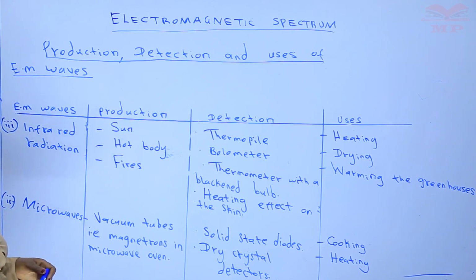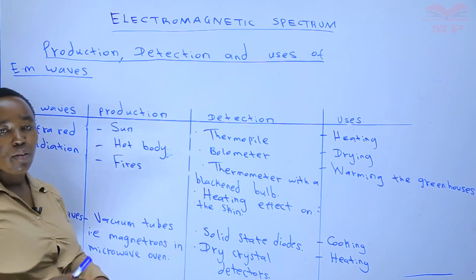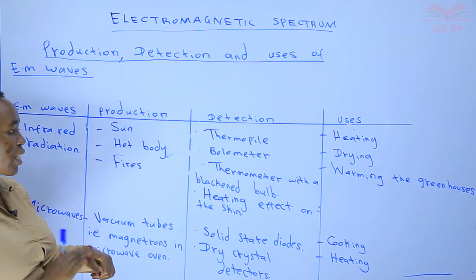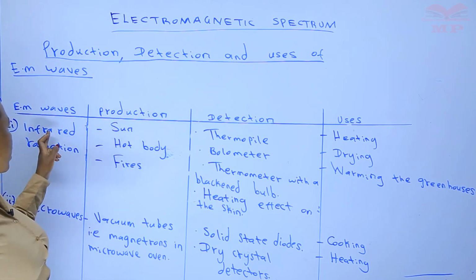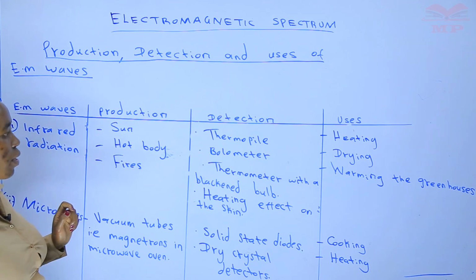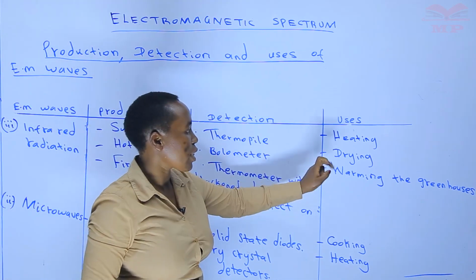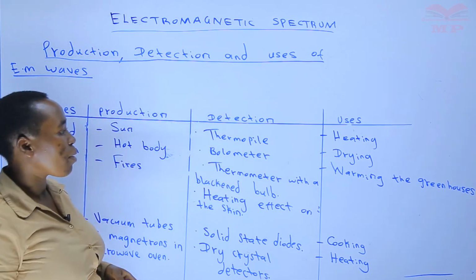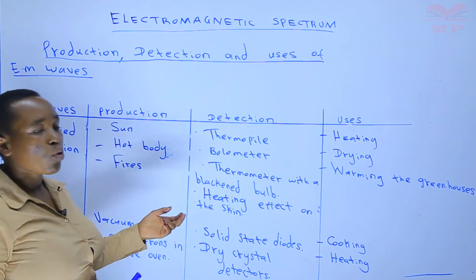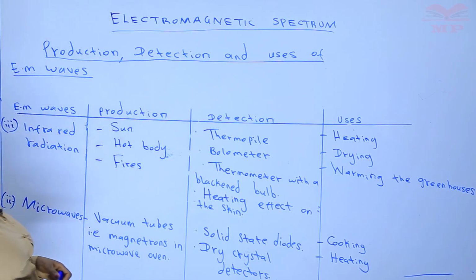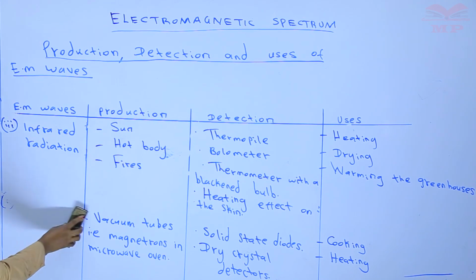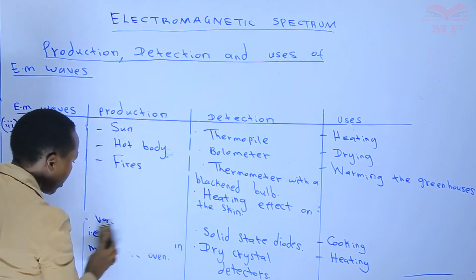We also use a thermometer, but in this case it has a blackened bulb. Also the heating effect on the skin. When you feel some heating effect on the skin, that's how we detect the infrared radiation. The uses: it can be used for heating, for drying, and for warming the greenhouses.